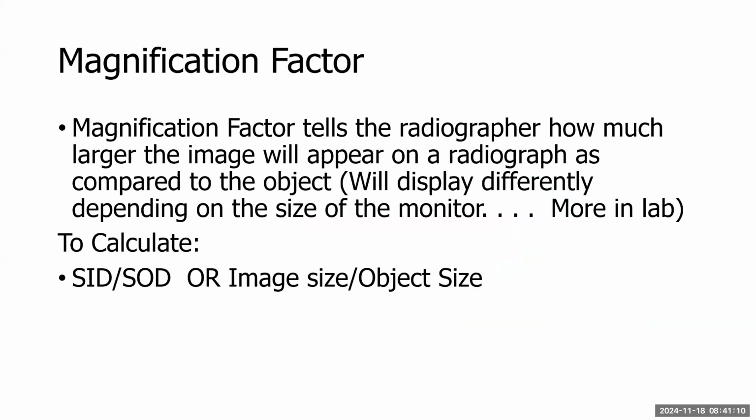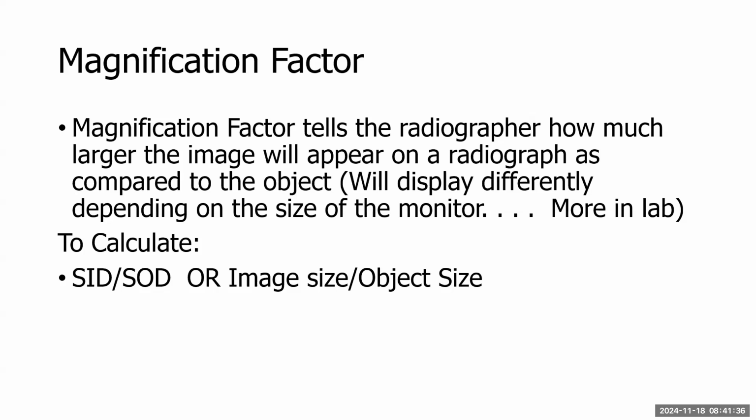Magnification factor simply tells the radiographer how much larger the image will appear on a radiograph as compared to the object. So we have to consider the size of the monitor. That's where it can get a little bit tricky, a little bit confusing. You say, well, you said that the image could never be smaller than the actual object.